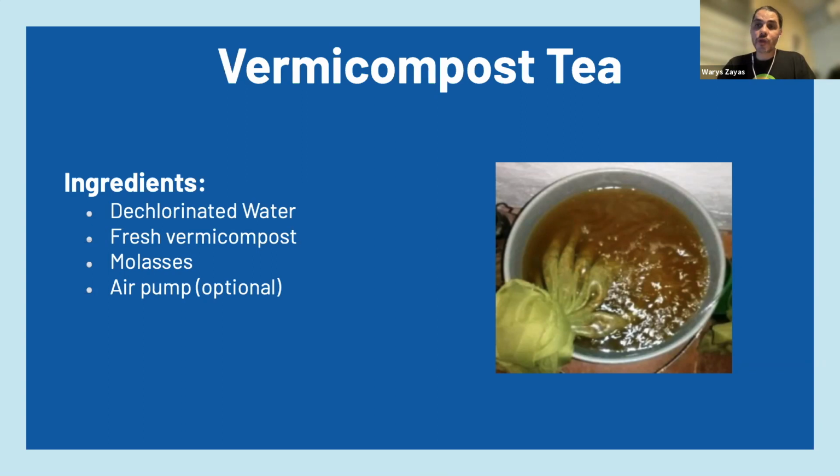I use around 2 cups of vermicompost or worm castings, depending on how much you have available. Just using 1 cup is good in this proportion, but I like to use 2 just to make sure. But it's not needed. With 1, it's okay.